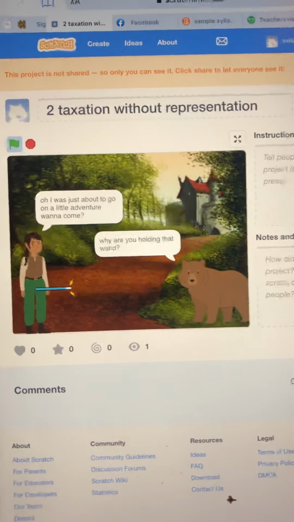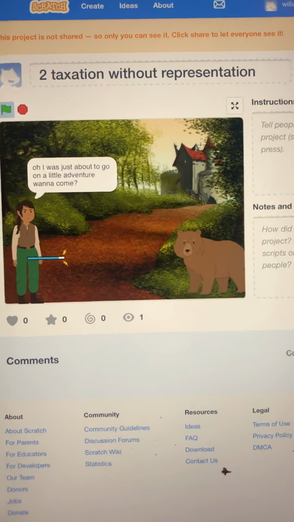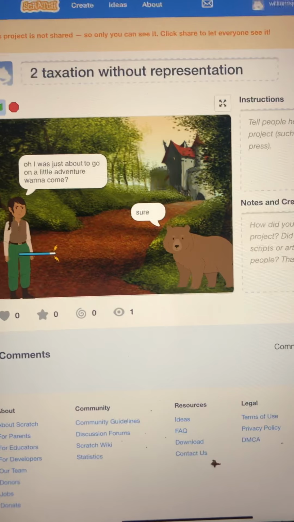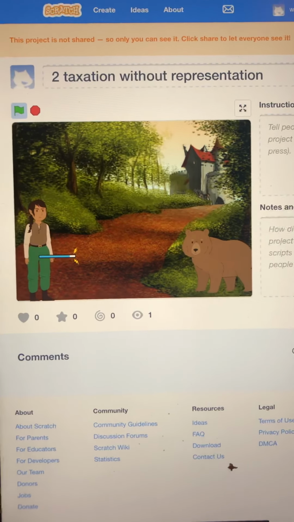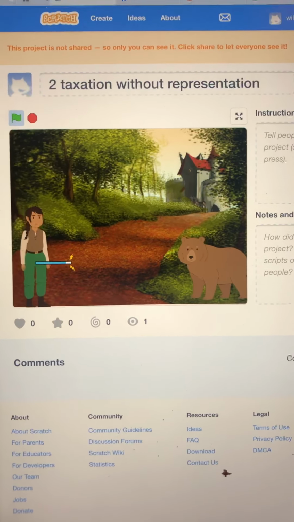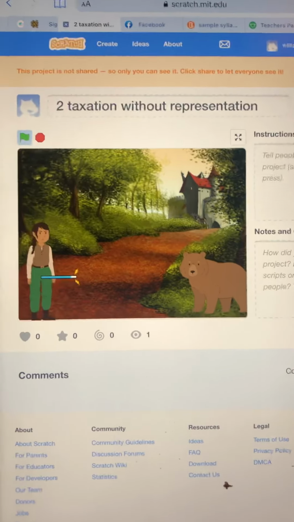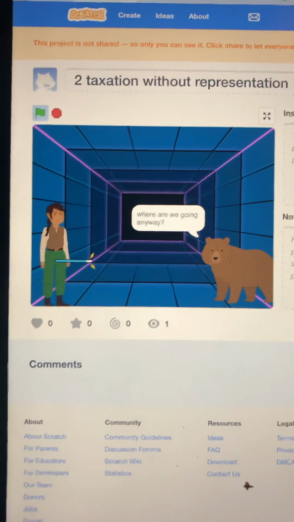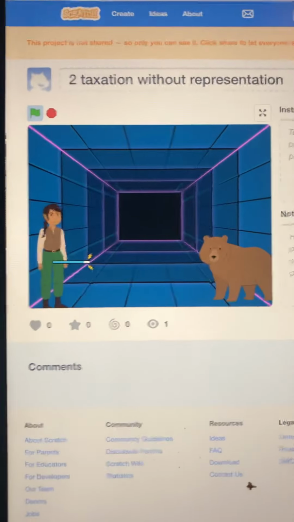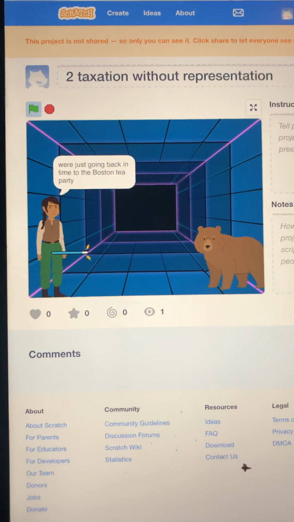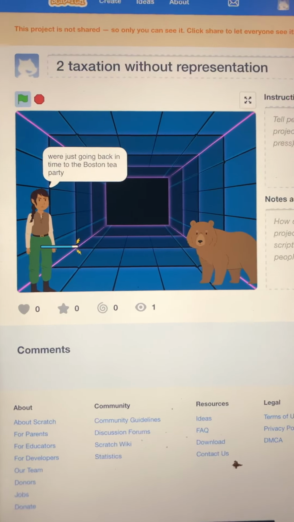Again, they had to choose at least 2 sprites. Also, when they were imagining what their background would look like, they went to their backdrops, and they were able to choose from different topics like fantasy, music, sports, outdoors, indoors, and space. So again, they had to choose at least 2 or more scenes to be able to tell this story.